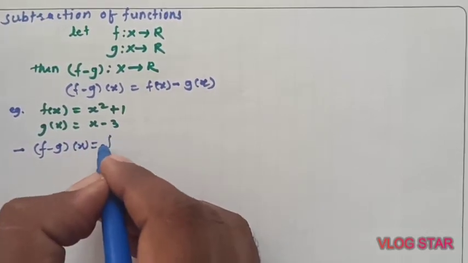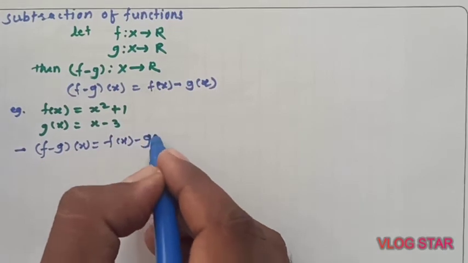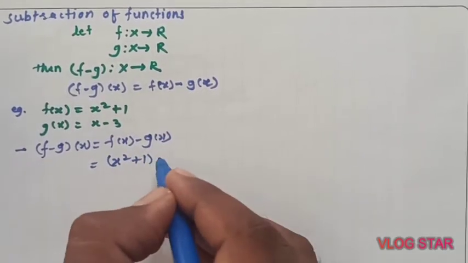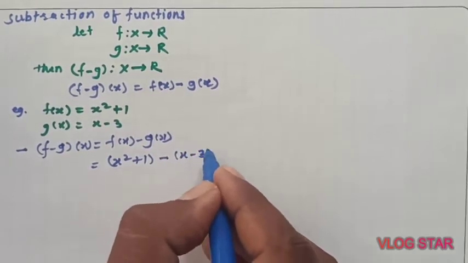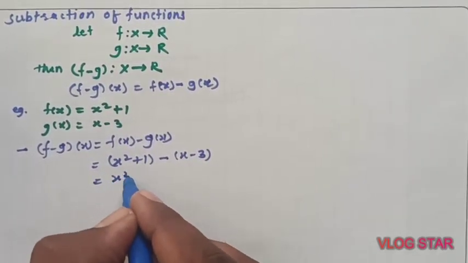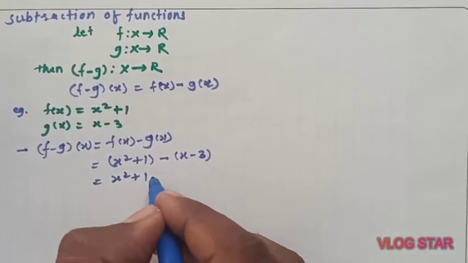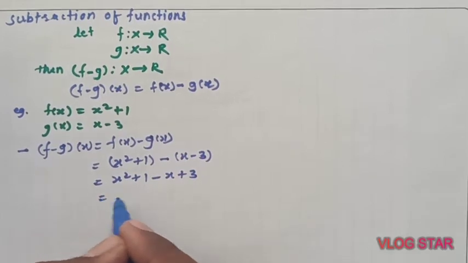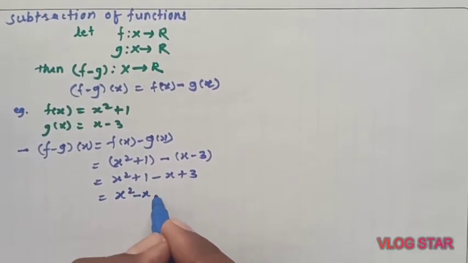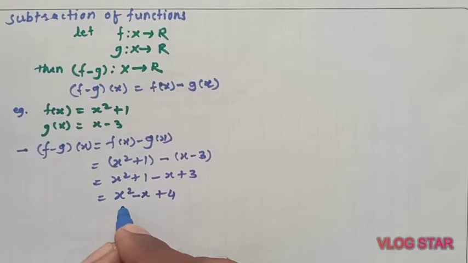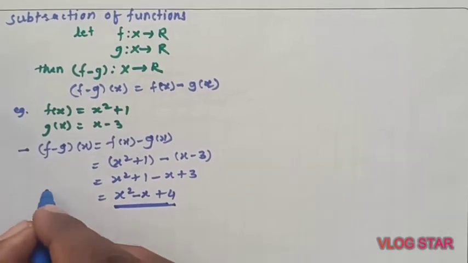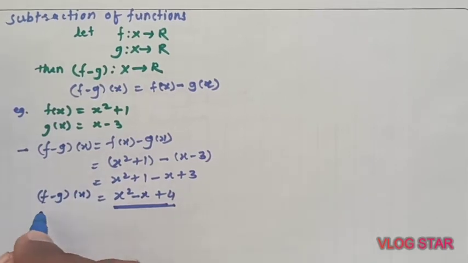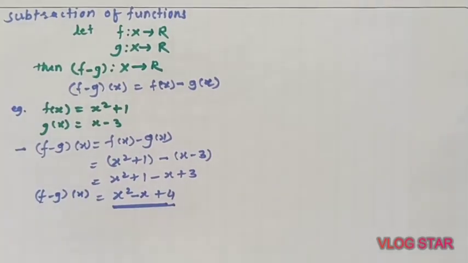By rule it is f of x minus g of x, where f of x is x square plus 1 and g of x is x minus 3. So what is the subtraction? x square plus 1, negative x, negative of negative is positive 3, and finally you will get x square minus x plus 4. So this is f minus g of x, a new function which is the difference of the given two functions.